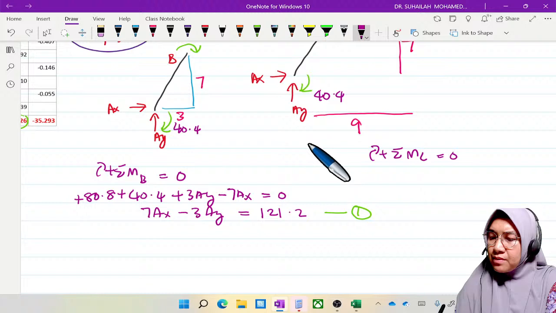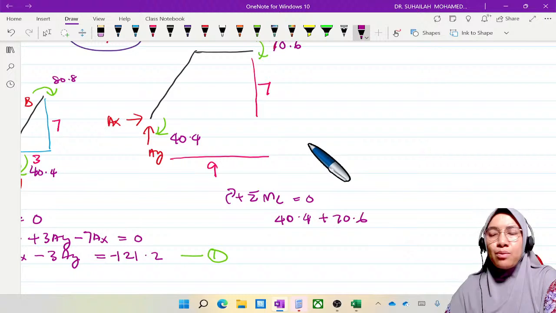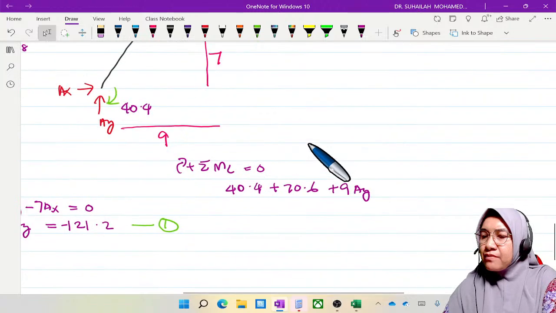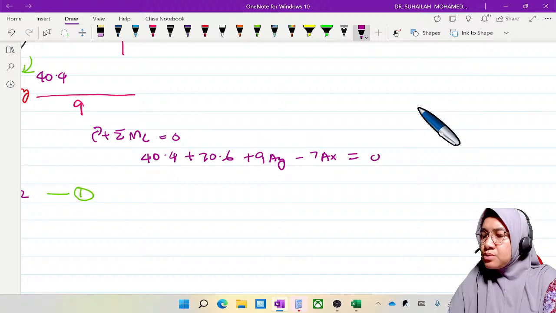It is 40.4 plus 70.6 plus 9AY, and then minus 7AX, and this is equal to 0.